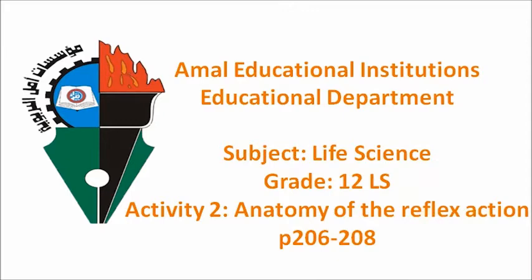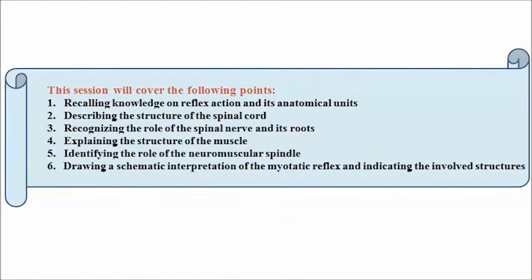Our last session was about the myotatic reflex, as you would recall. Today, our session will cover the points which are shown on slide 2. Slide 2, as you would observe, has 6 points. The first point would be a recalling knowledge on the reflex action and its anatomical unit.